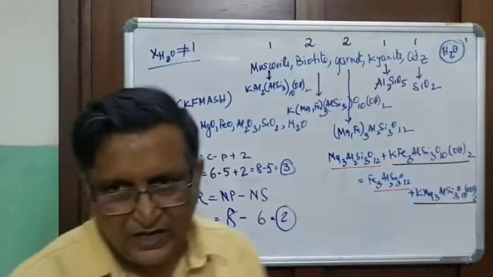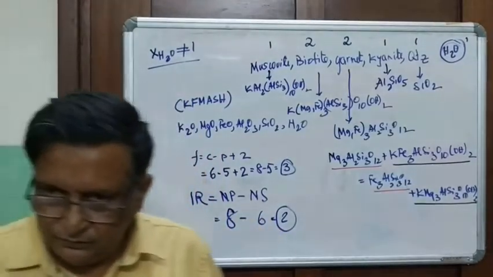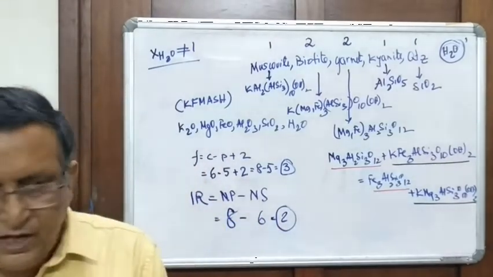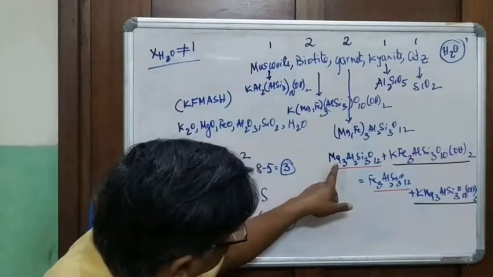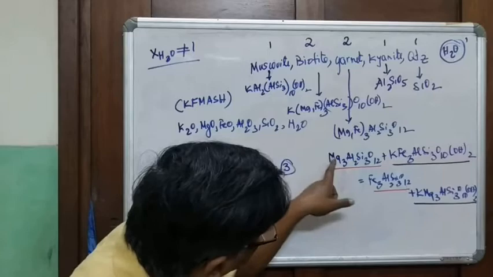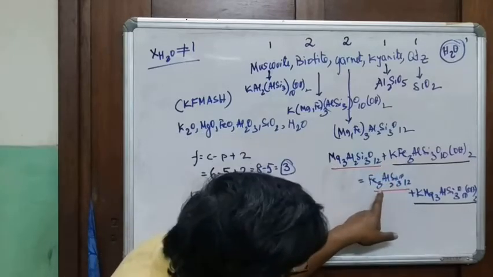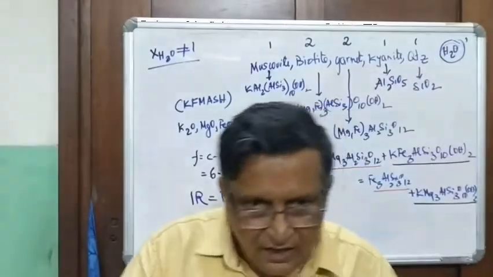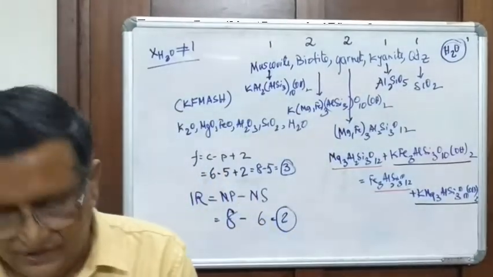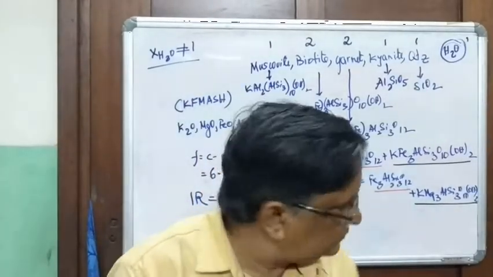So that is one reaction. It's counterbalanced. So Mg garnet plus Fe biotite is equal to Fe garnet plus Mg biotite. It's a magnesium iron exchange between coexisting biotite and garnet. So that takes into account one reaction.